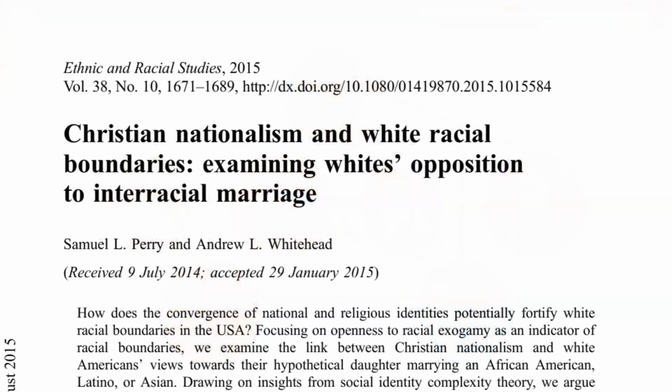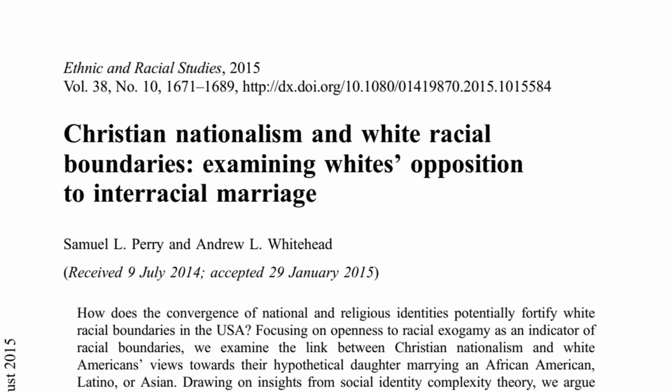So the study that I'll point out just really quick was by Perry and Whitehead. And this was Christian nationalism and white racial boundaries, examining whites' opposition to interracial marriage. So they basically asked parents, how willing would you be to let your daughter marry a black male?